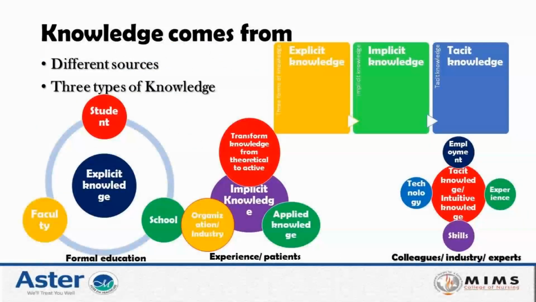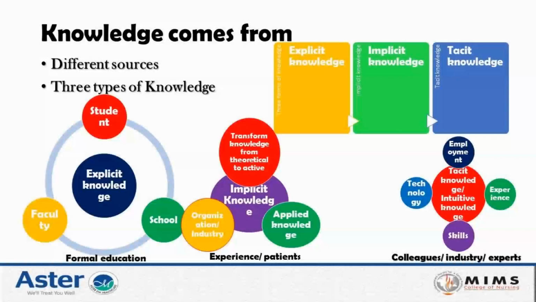Then we should know from where the knowledge comes for knowledge translation. There are different sources of knowledge, and mainly we talk about three types of knowledge which come from different areas. The first one is explicit knowledge, second is implicit knowledge, and the third one is tacit knowledge.